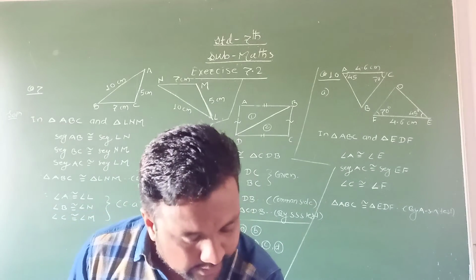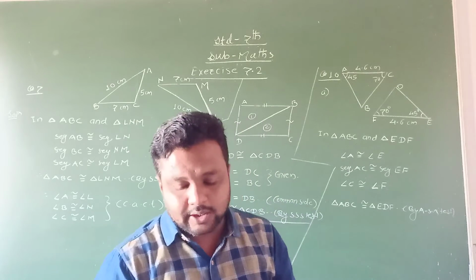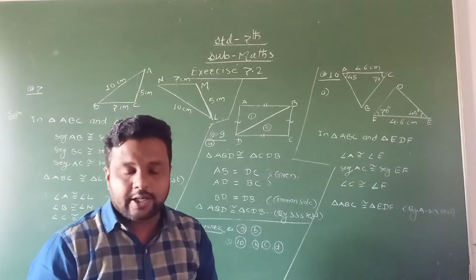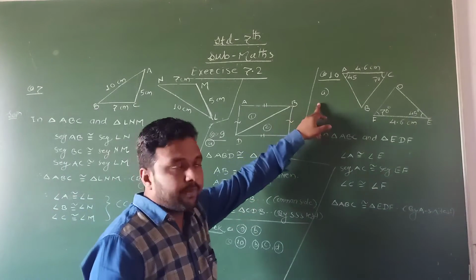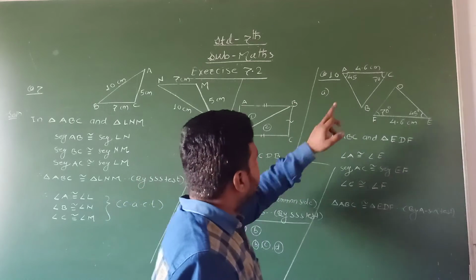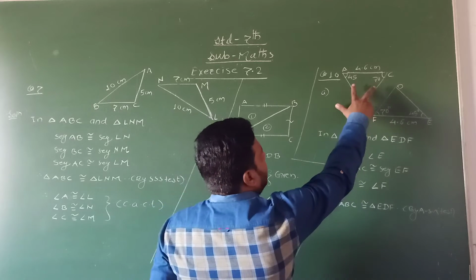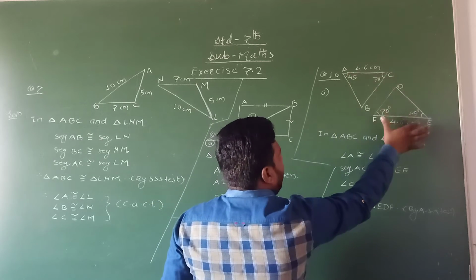Now see the next question. Let's take question number 10. Find the three pairs of corresponding parts which make the following triangles congruent by angle side angle criteria of congruency for the given figure. Here I take an example from question number 10. The figure is given like that. Two triangles are given. In these two triangles, two angles are given and the length of the side between these two angles is given.